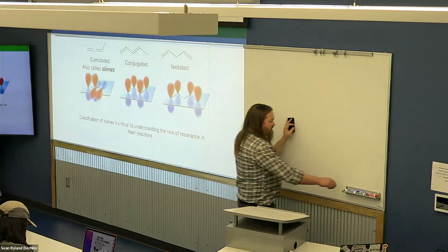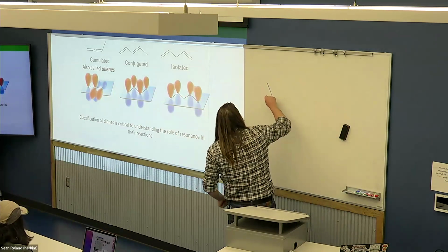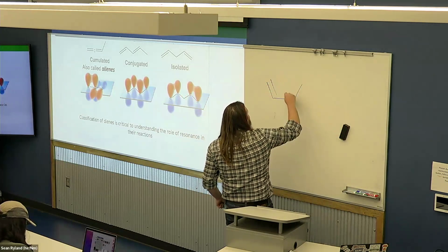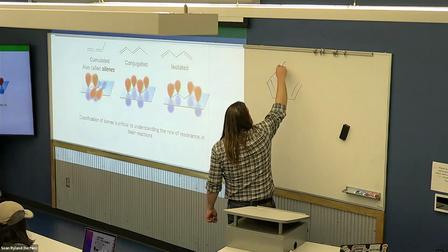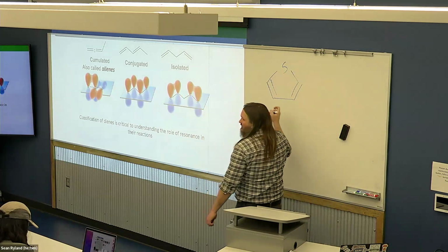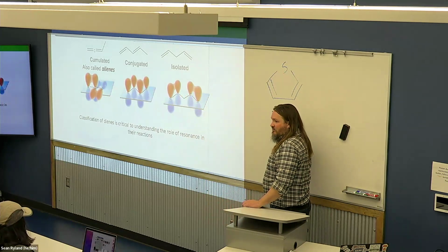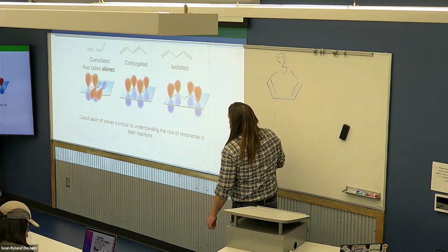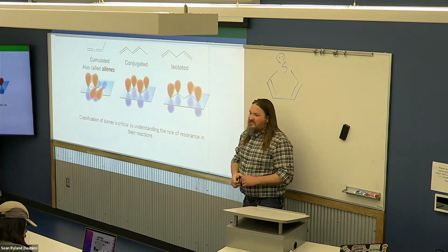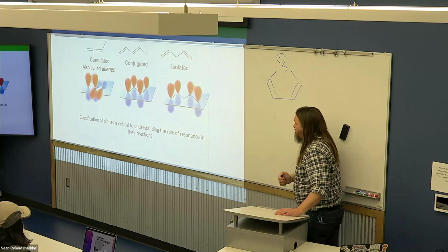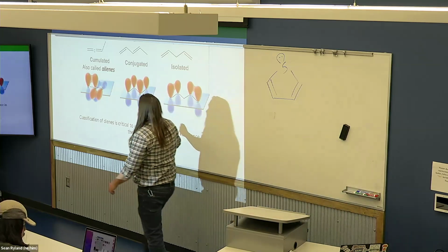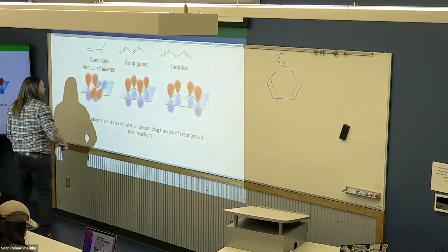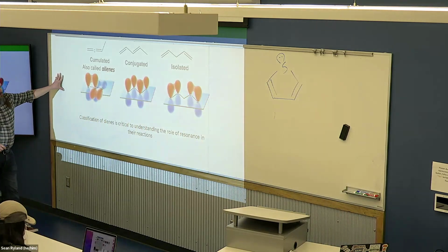They look really similar, especially for some of those 5-sided rings that we talked about last Thursday, like thiophene. That seems like it's a diene. But having that extra lone pair on the sulfur means it actually behaves more like a benzene ring than anything else. And so a diene specifically means only two alkenes and no resonance beyond that.